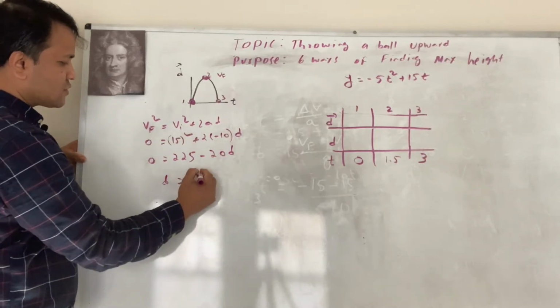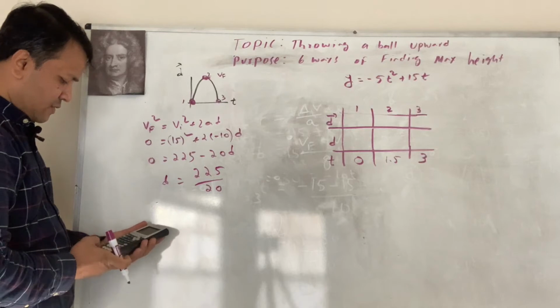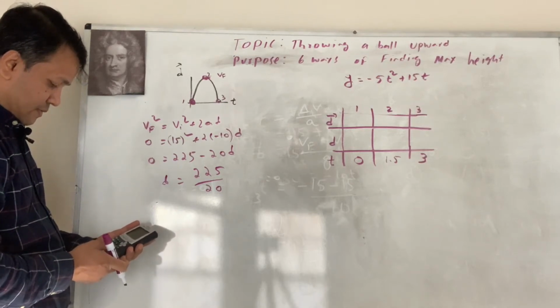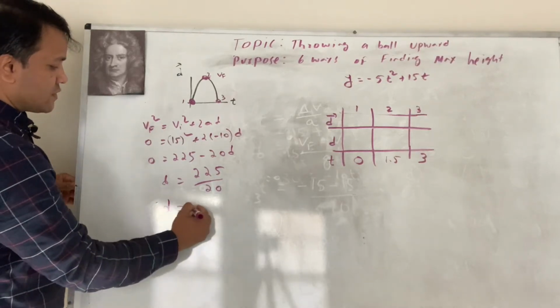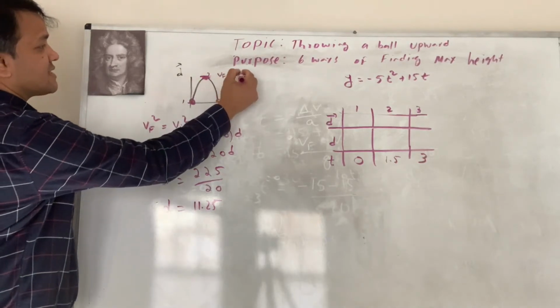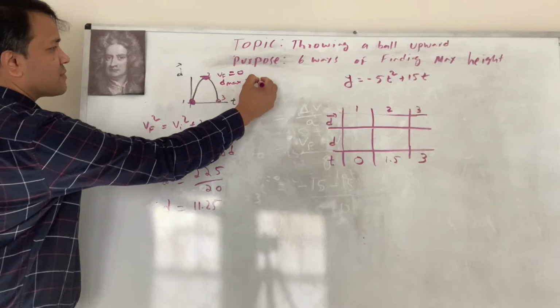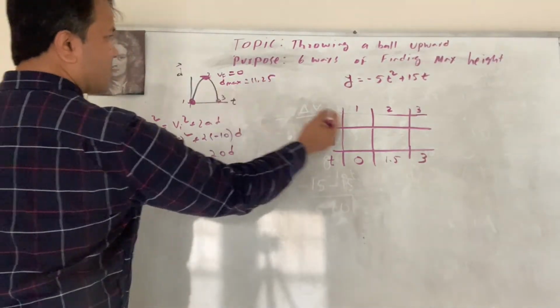So D is equal to 225 over 20, which is 11.25. So the maximum height, when velocity is 0, D max is 11.25.